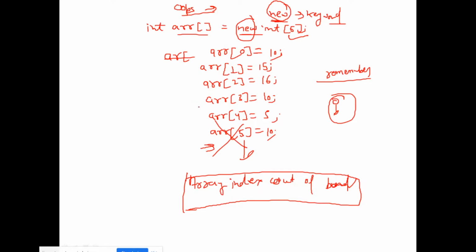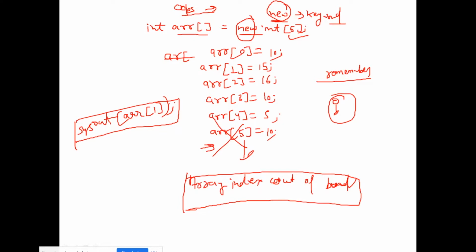suppose I print sys out, if I print ARR 1, then I want to ask if anybody wants to reply, what will be the output? Devasri, what will be the output? 10.